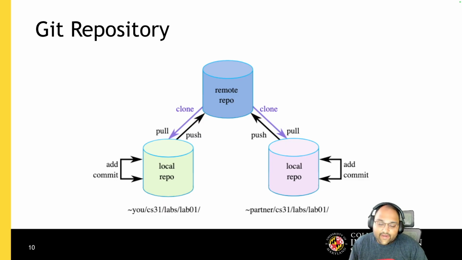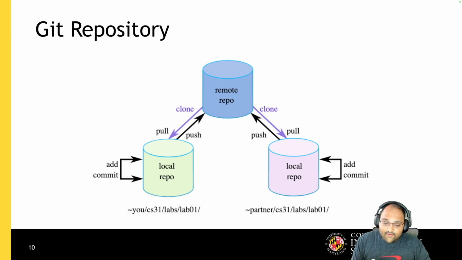So what'll happen is Jim will say, hey, I'm going to clone the version of the repo and I'm going to work on it within myself, within my little bubble. And Alice will also clone a version of the repo and work on it in her bubble. And both of them will add and commit to their version of the repo.